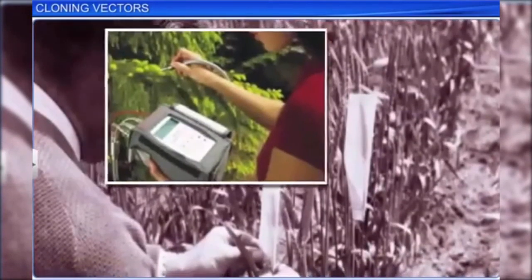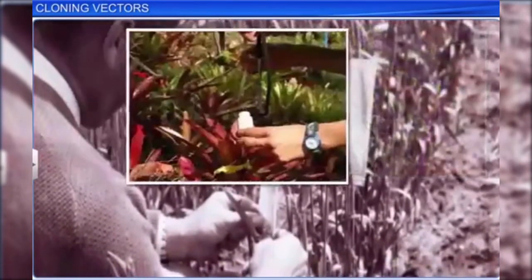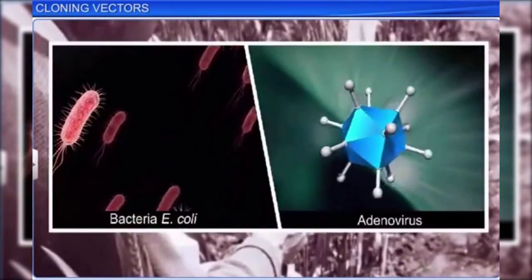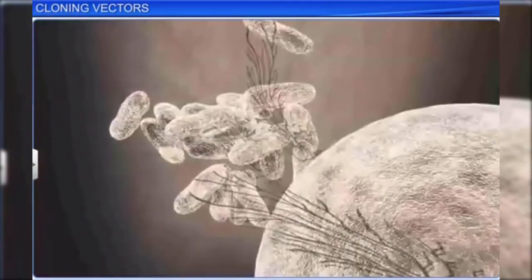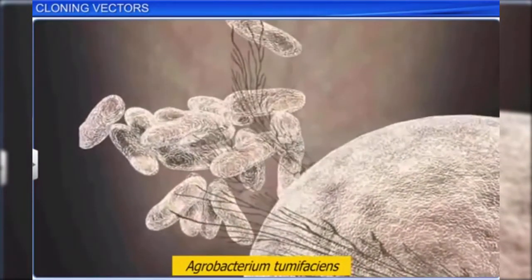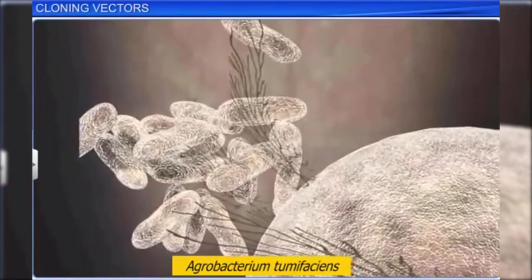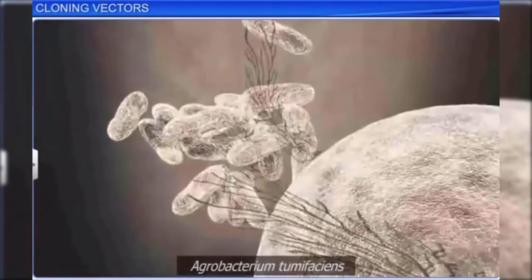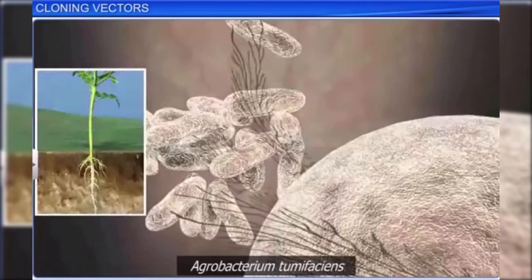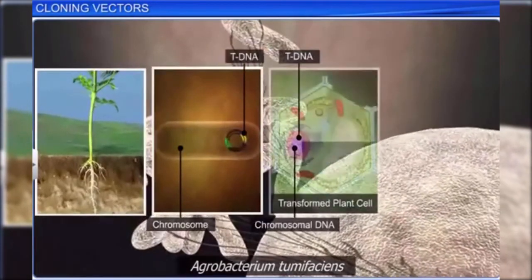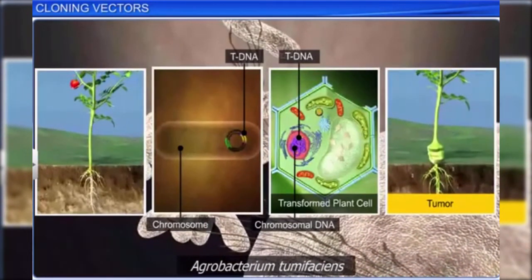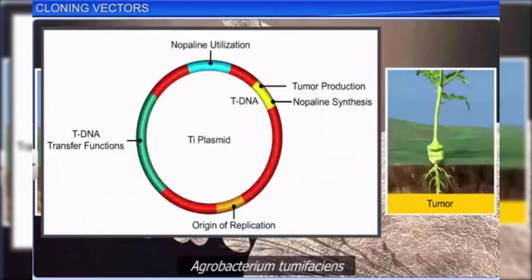Interestingly, human beings have learnt about cloning vectors and the concept of gene transfer into plants and animals from bacteria and viruses. Consider the case of Agrobacterium tumefaciens, a pathogen of several dicot plants which causes tumors in them. It delivers a piece of DNA known as tDNA and transforms normal plant cells into tumor cells. These tumor cells are used by the pathogen to produce chemicals such as nopaline required by it.